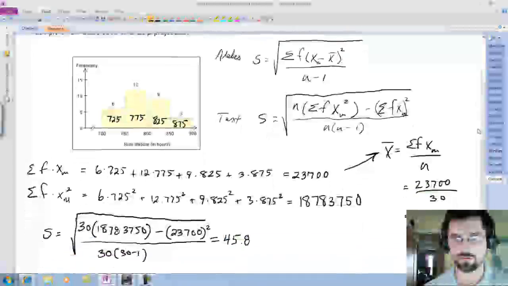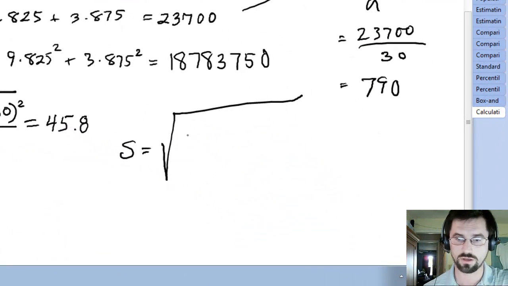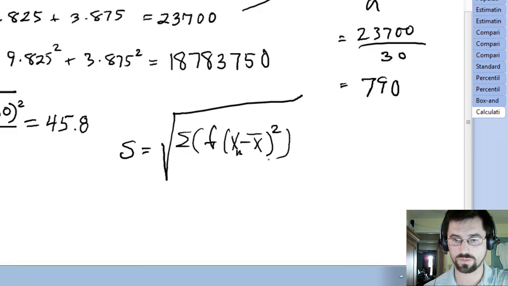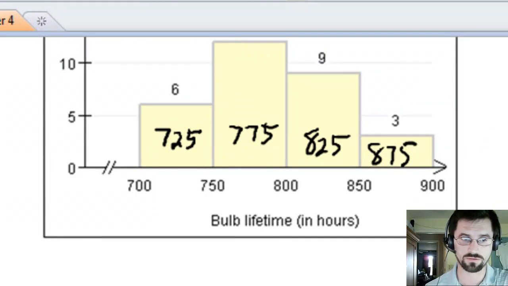Now we're going to use the ALEX formula, which is S equals the square root of the sum of f times the quantity x_m minus x bar, squared, over n minus 1. So I have to take 790 away from each of these values.